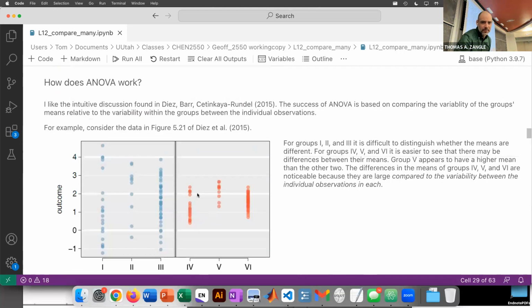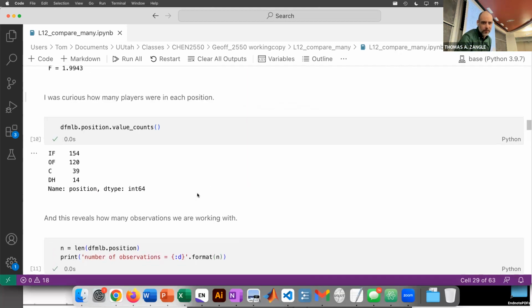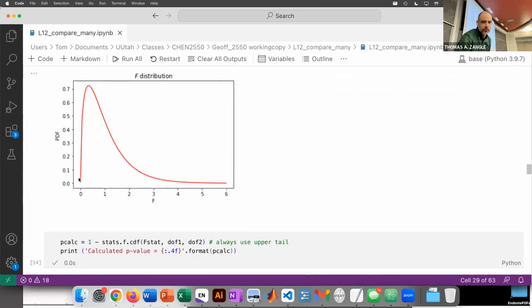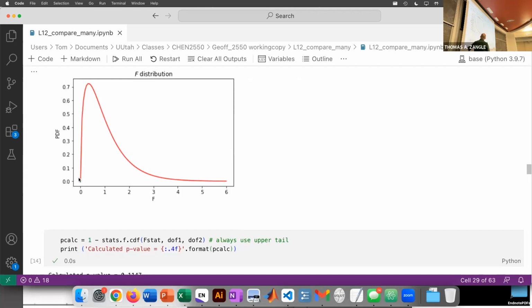I just want to make sure that I don't confuse you all more. So our F statistic is just about 2. And so our p-value is going to be the area under this F statistic curve greater than our F statistic number. Our F statistic value is 1.99, so it comes in just about here.